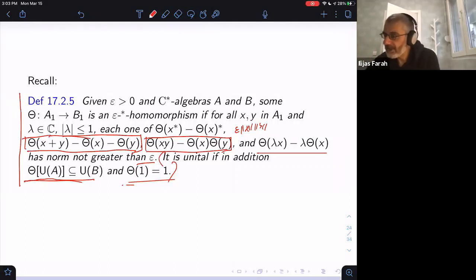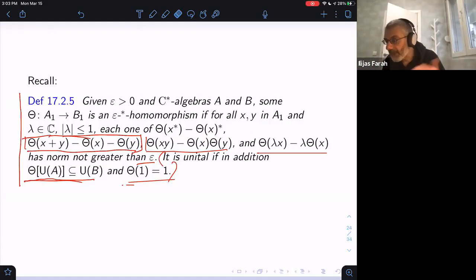Now, the point is that this definition was chosen carefully, and this is exactly what we need. Because remember, we are trying to find a lifting which will work on the unit ball. And for that to work, we need to know that the unit ball behaves uniformly, that everything is equally good in the unit ball.